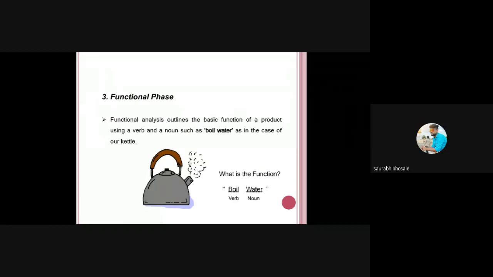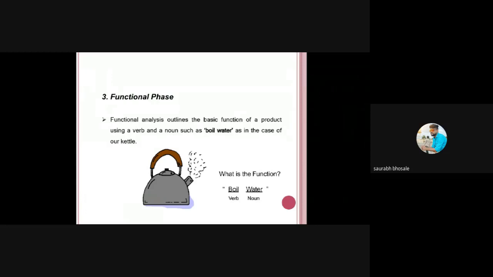So for that purpose, verb noun descriptions of functions are very useful, and they should be prepared in this functional analysis phase. In this phase there are different steps. First of all, we need to prepare the list of components or parts of that particular product.